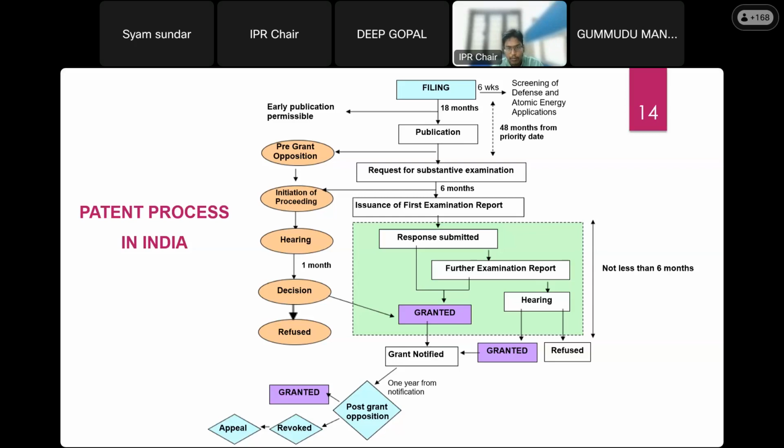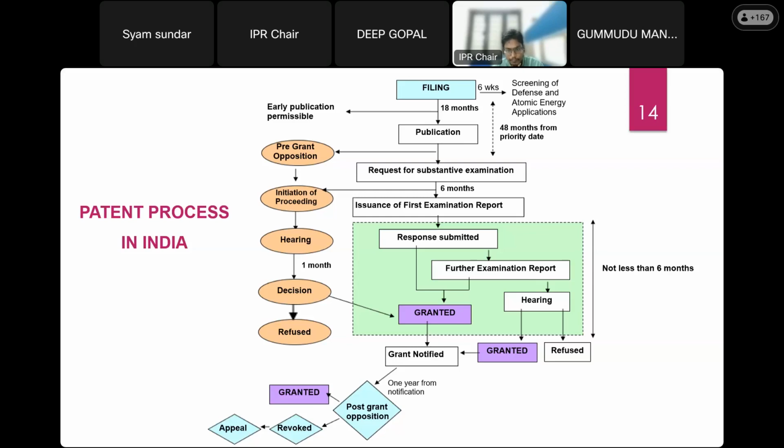That means whatever information you provided in your provisional or complete specification will be published automatically after 18 months. That is called publication of the patent application.